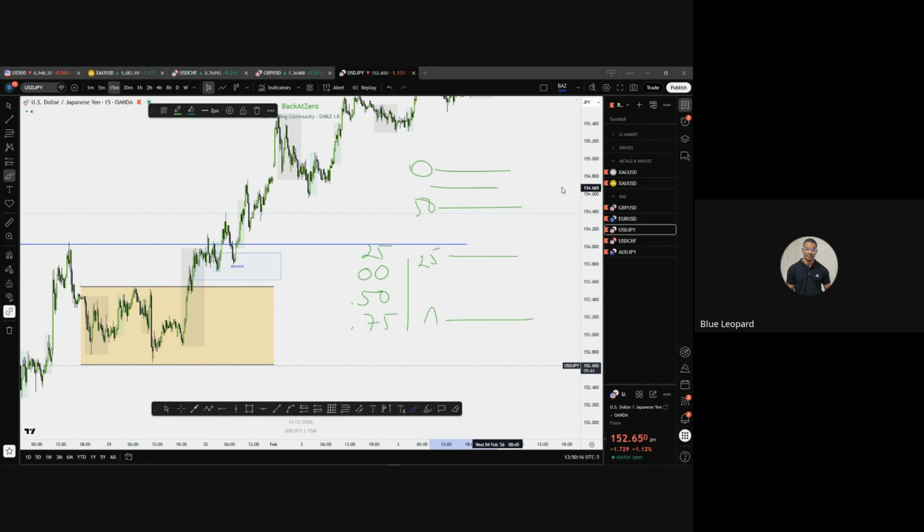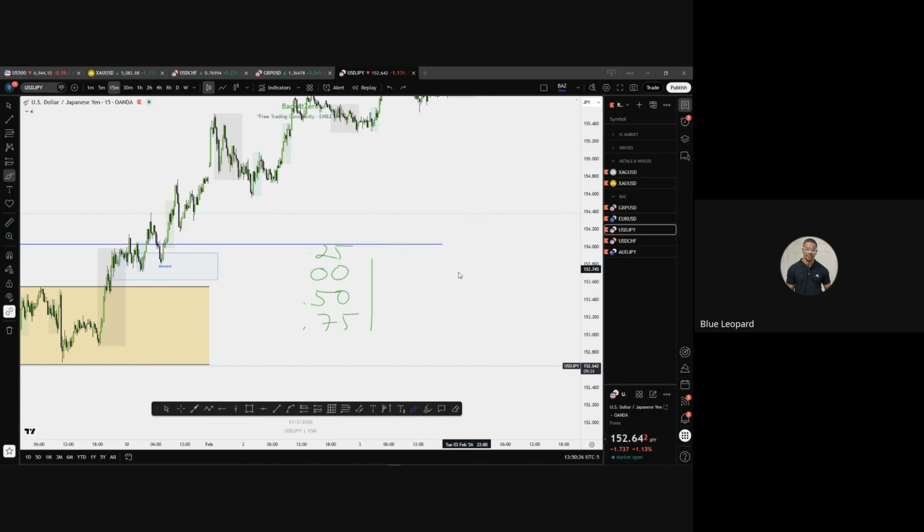But inside of 50 and 0 here, you have the 75. Okay, actually, it's 1 here. It's just the opposite. You have 4 levels. You have the zeros, you have the 25, the 50, and the 75, and back to 0. You see? This is how you subdivide the level.